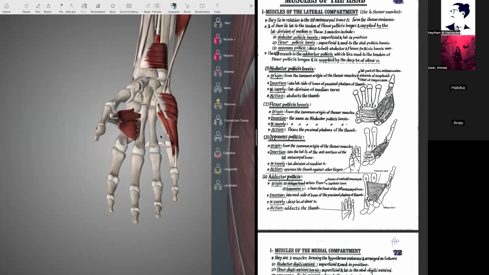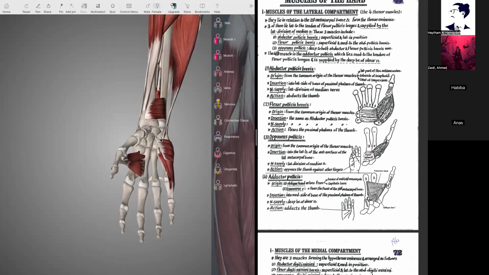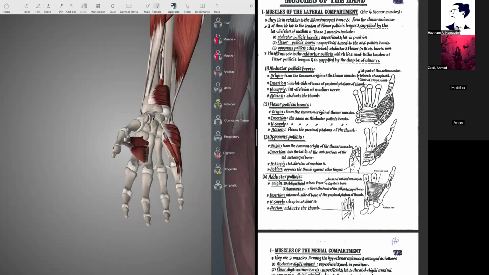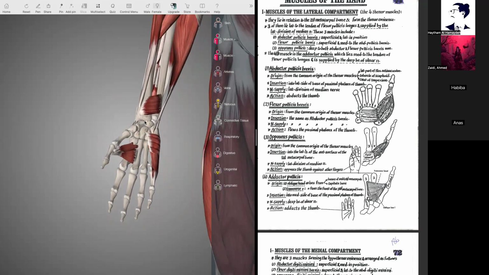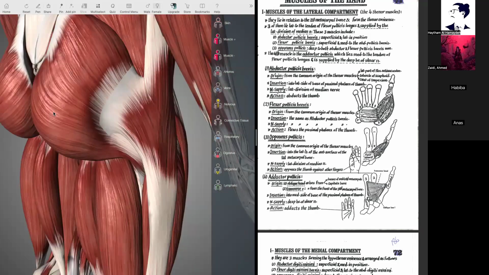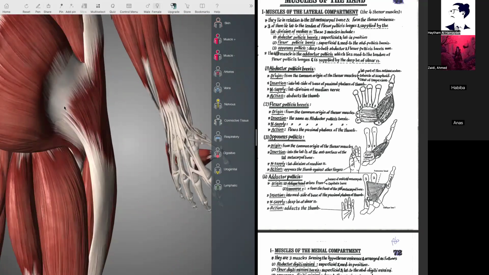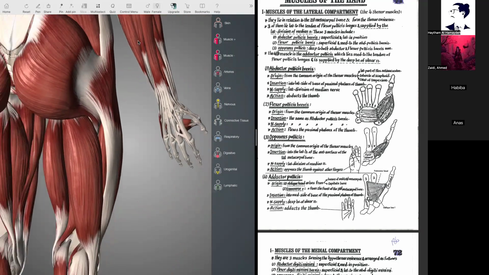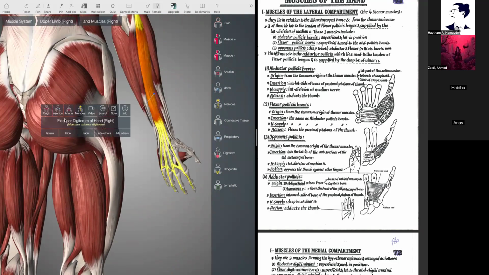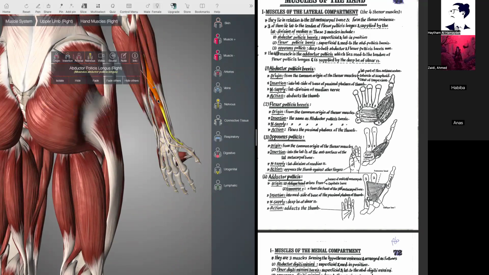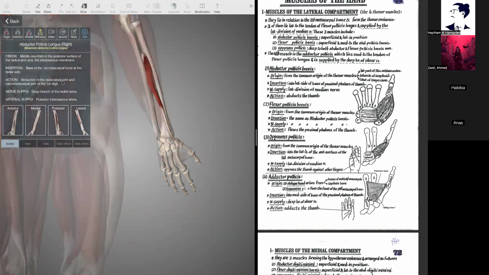If there's abductor pollicis brevis, there should be an abductor pollicis longus. And I'll show you where this was. It is in the extensor compartment, deep layer. Here, abductor pollicis longus.